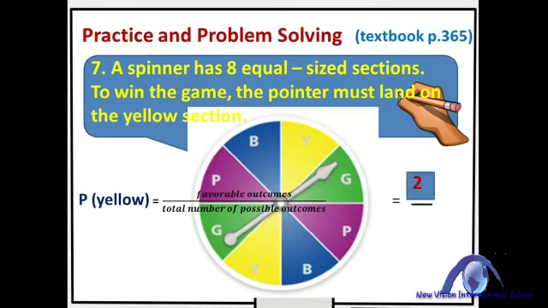The favorable outcome is 2, and the total number of possible outcomes is 8, or 1/4.